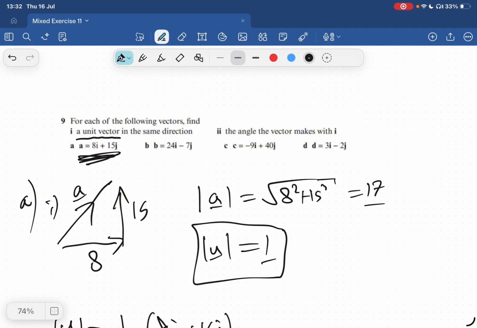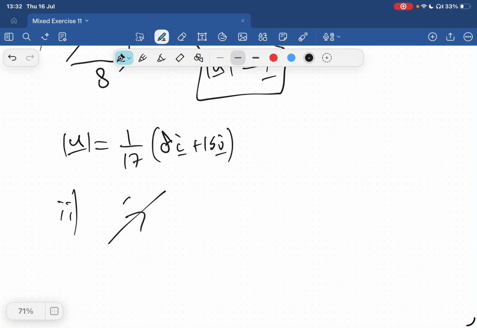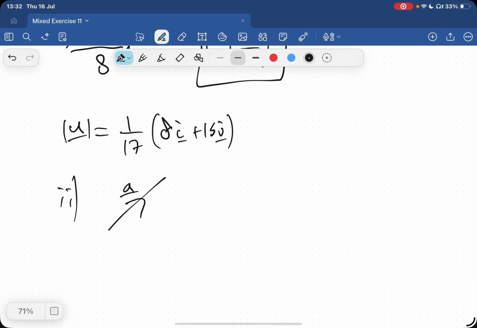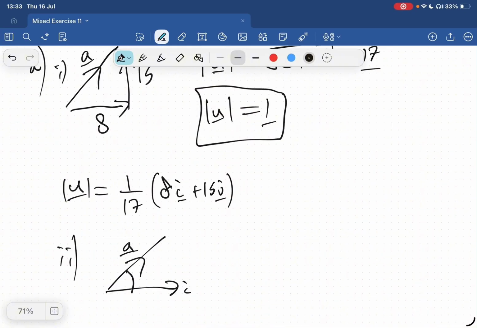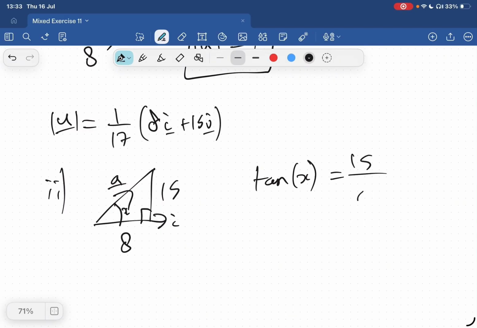I went into a lot of depth there, so the rest of them are more simple. Part ii, we need to find the angle the vector makes with i. We've already got this diagram here, but we'll draw it again. Here's positive i, and we need to find this angle. We're going across 8 and up 15, so using SOHCAHTOA, we need the tan of this angle, which is opposite over adjacent.